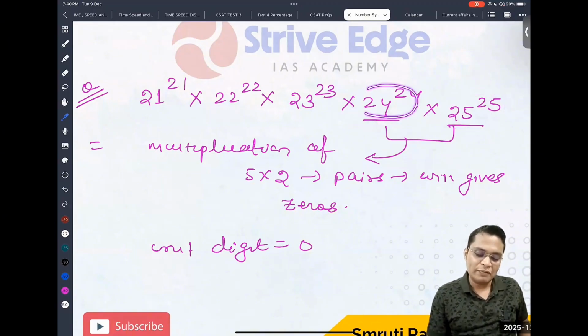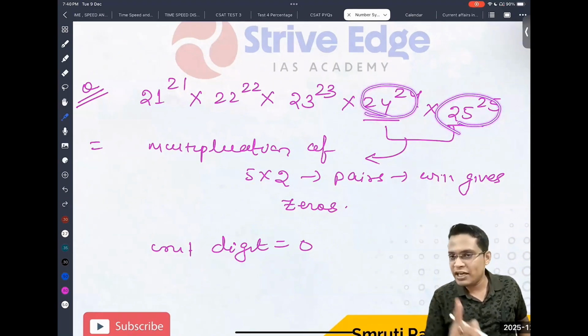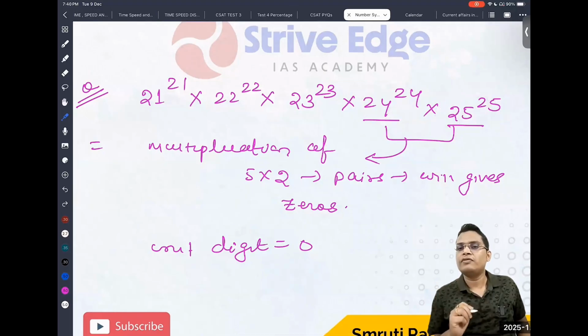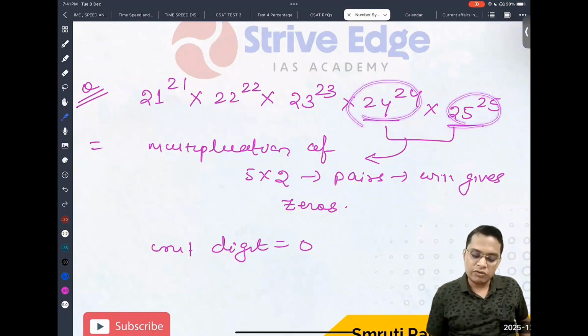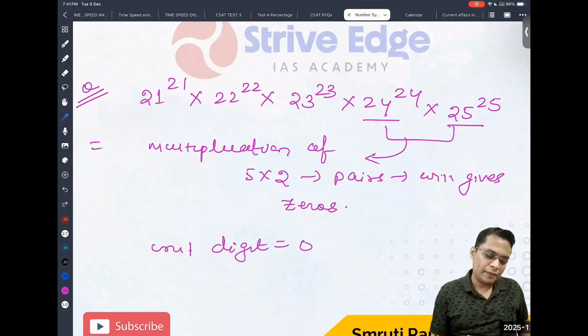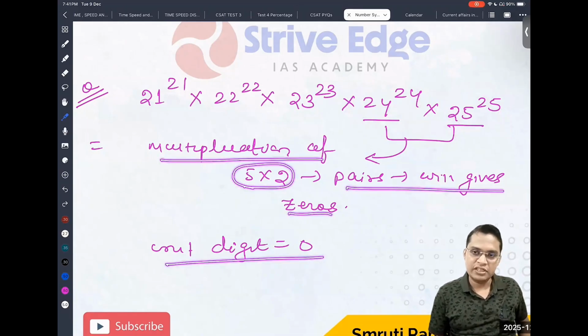If you multiply 5 with 2, definitely you'll get a unit digit of 0. So in this case, no need to even solve it. If in any product or multiplication there are a number of fives and a number of twos, you'll always get a unit digit of 0. So the multiplication of 5 into 2 pairs gives 0, so unit digit is 0.